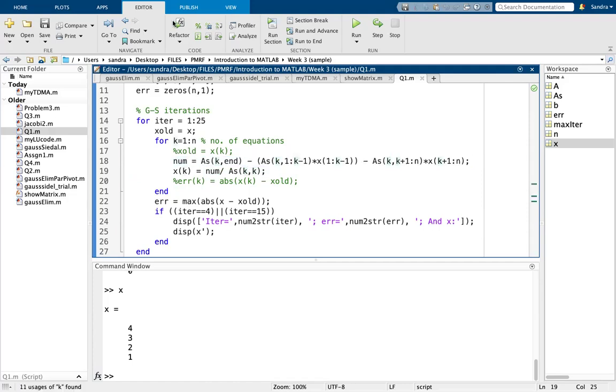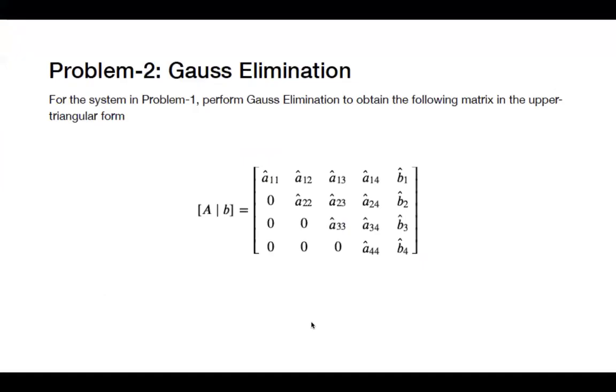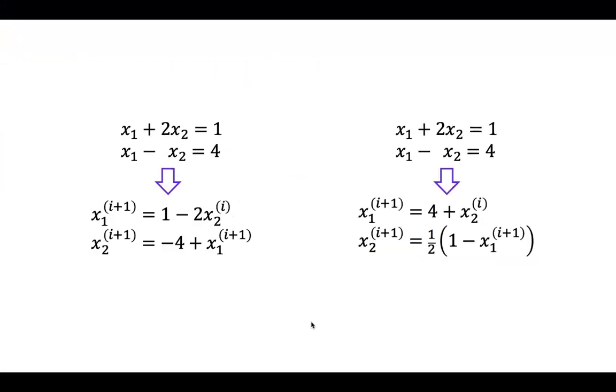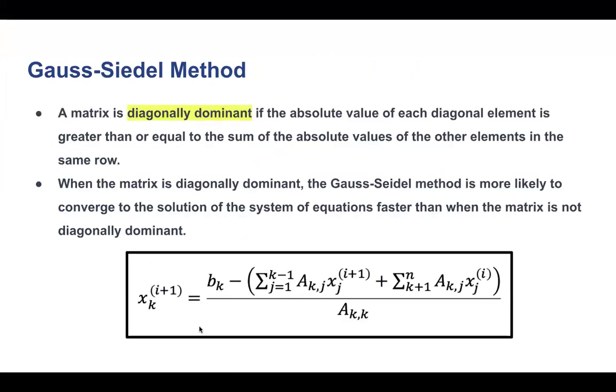Now for the numerator value, let's go back to the Gauss-Seidel formula. The Gauss-Seidel formula is like this: bk. What is bk? In the augmented matrix, the last element in a particular row, that is bk. So how do you find that?